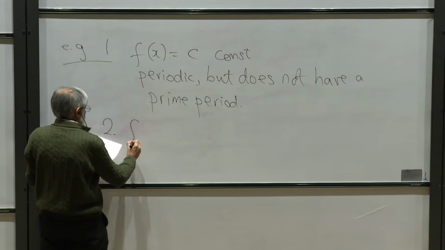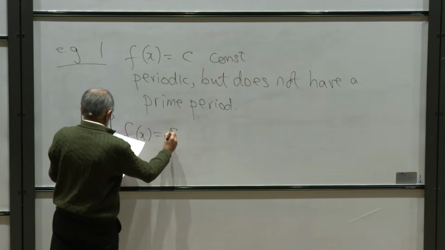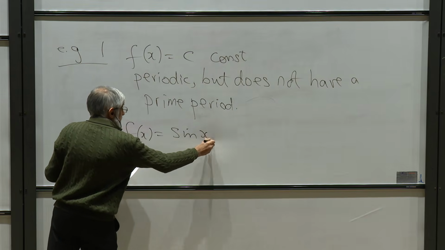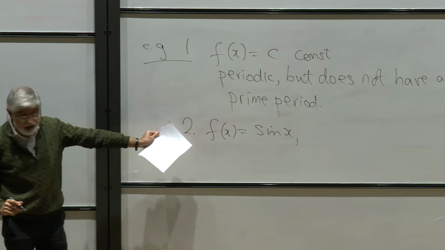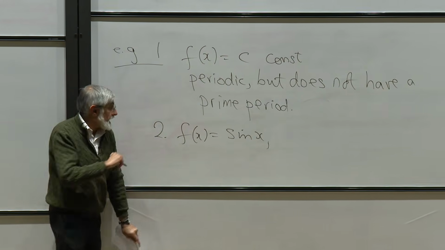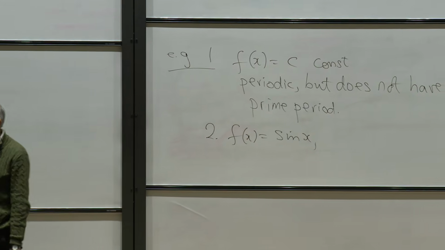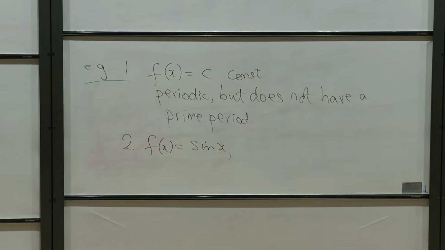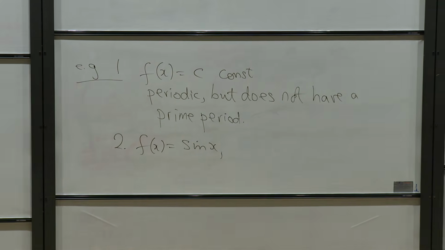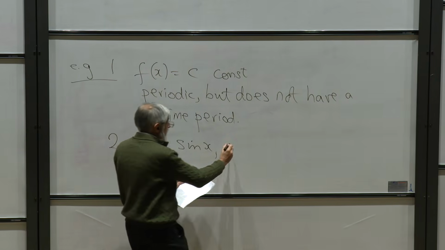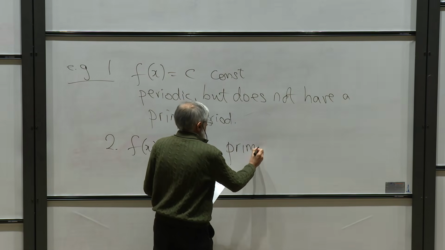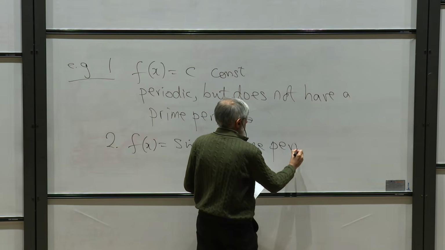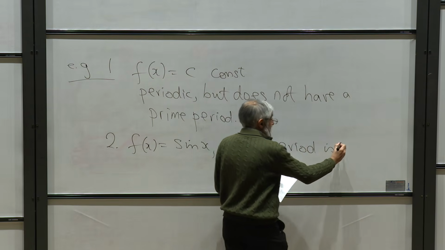Example 2, f of x equals sine x. Well, that's periodic, because f of x plus 2n pi will give you f of x. And so the prime period is 2 pi.